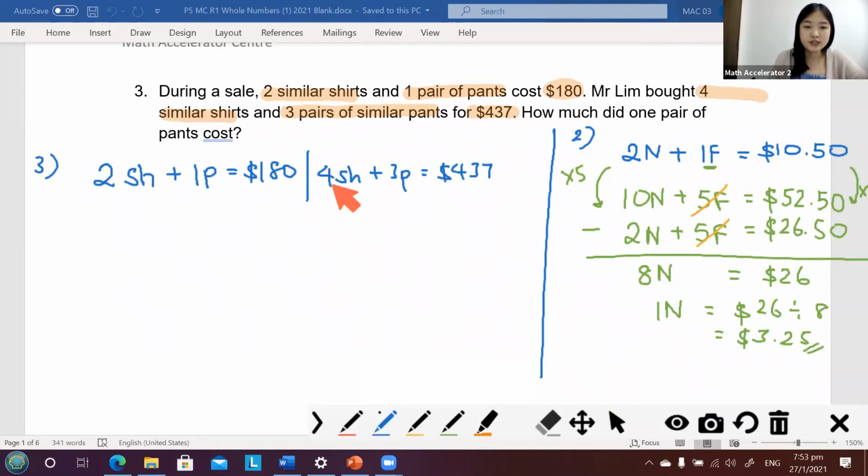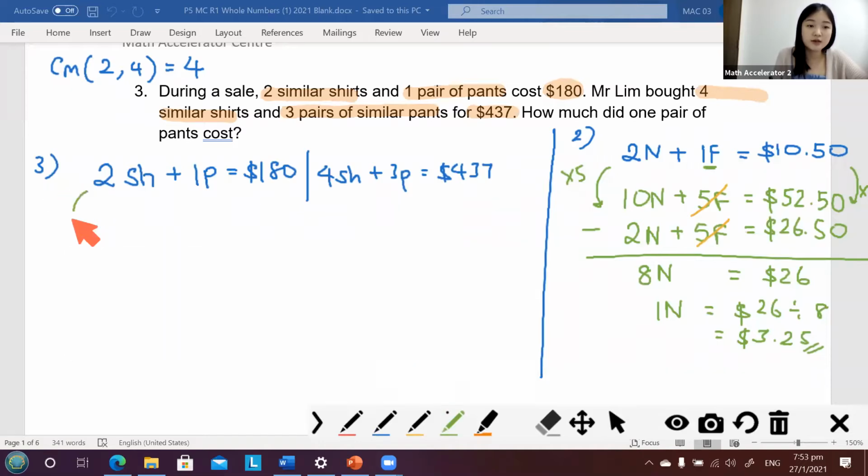We have 4 shirts here, and on our other equation is 2 shirts. So once again, common multiple of 2 and 4, that will be 4 again, yes.